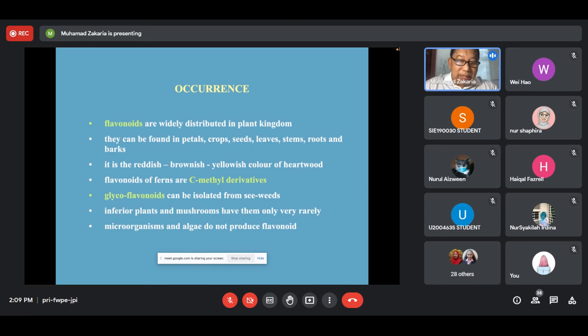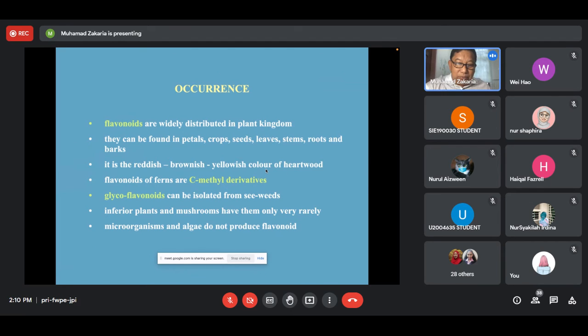So where can they be found? They can be found in the petals, crops, seeds, leaves, stem, roots, and buds. They are reddish to brownish to yellowish, all depending on the structure of the molecule. Flavonoid of a fern contains C-methyl derivatives. Ferns are a different class of plants.